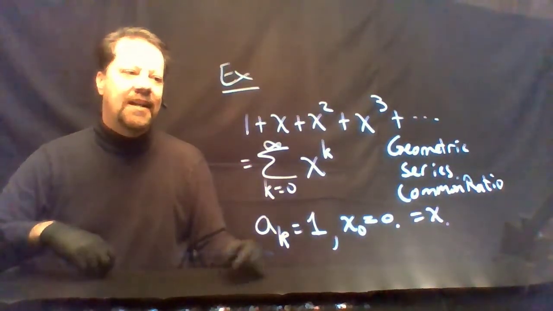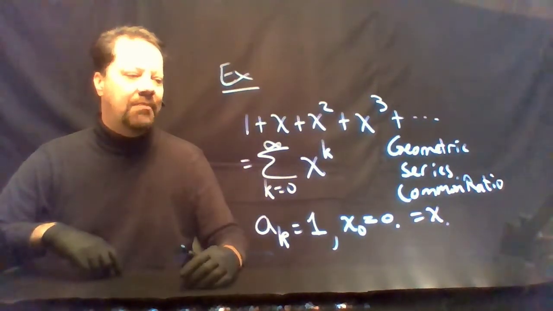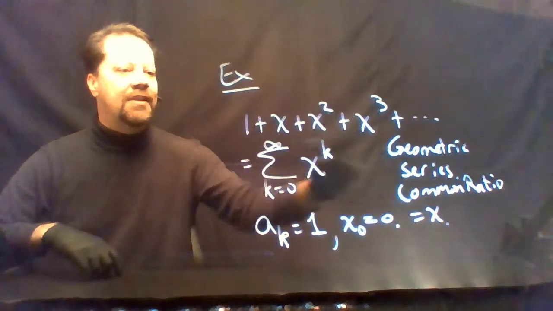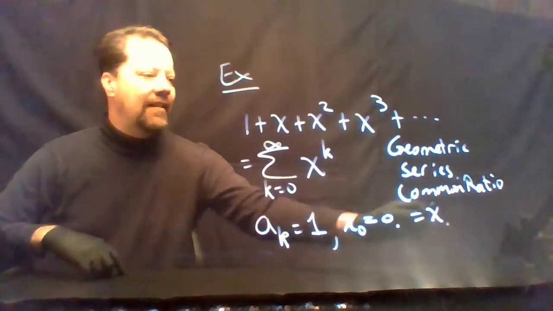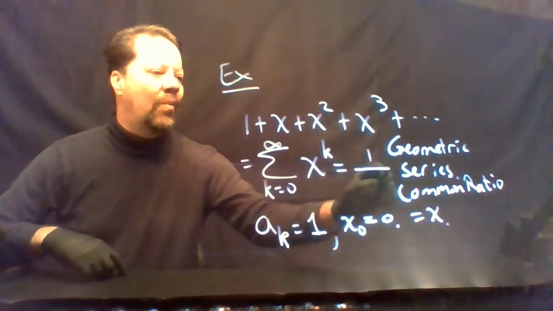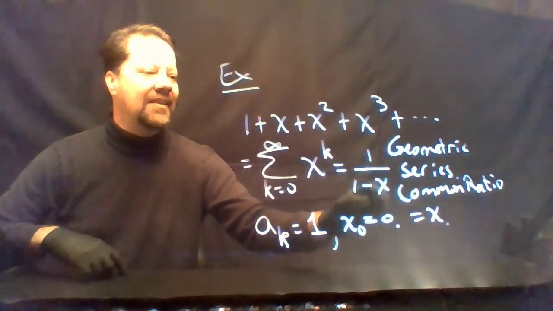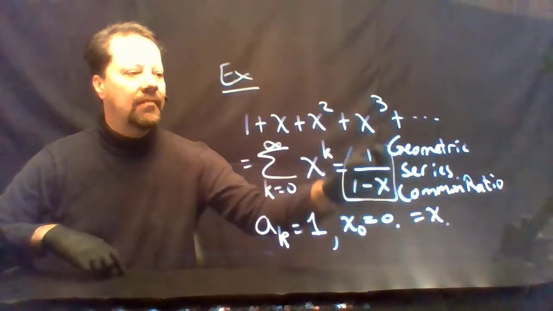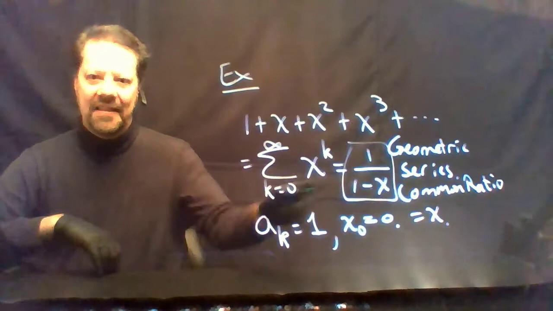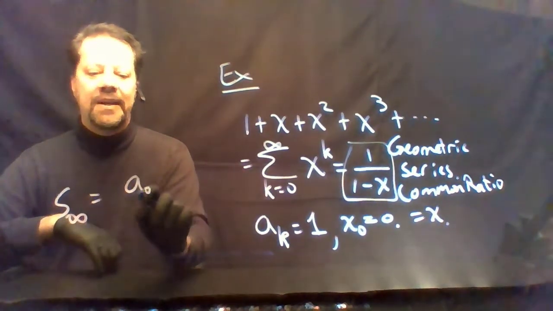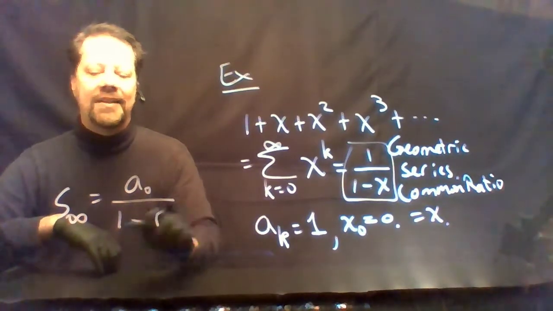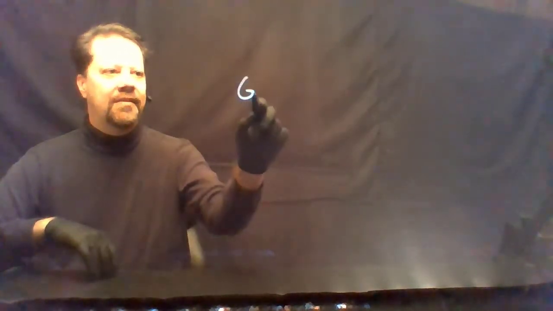That means that if the series does converge someplace, being an infinite series beginning at 1, the sum is 1 over 1 minus x. That's using that form for the sum of an infinite geometric series being the first term divided by 1 minus the common ratio.